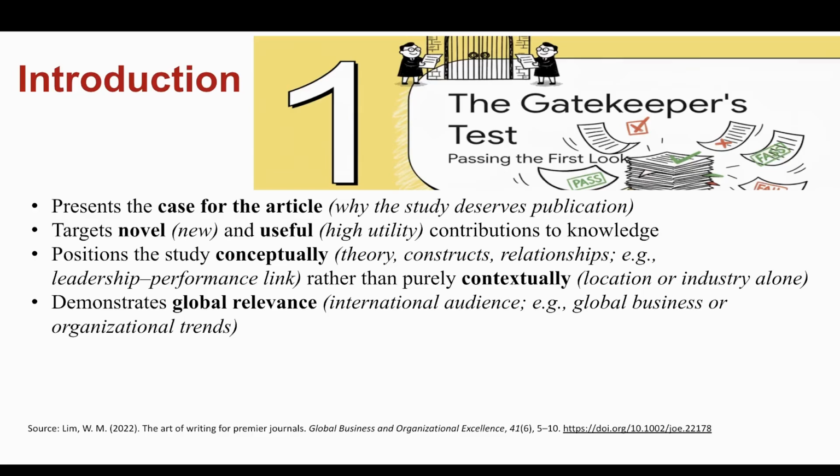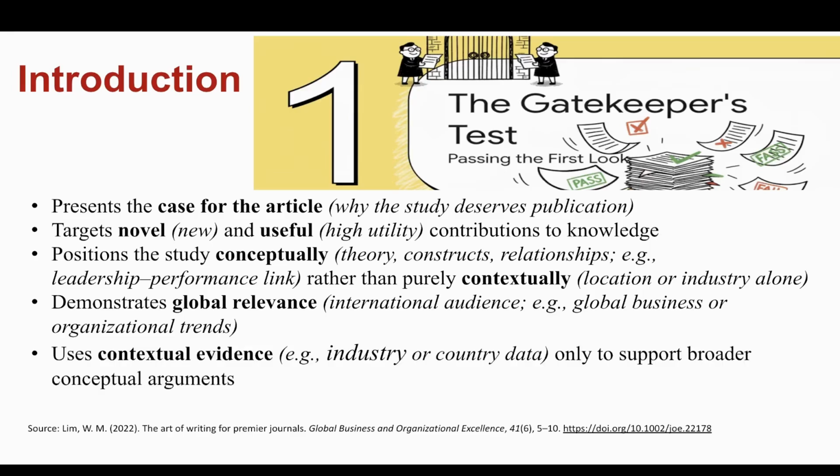Sometimes we also want to highlight a particular country. Let's say a particular topic is studied at a particular country level, then we have to throw some light on global relevance. Then comes the contextual evidence.